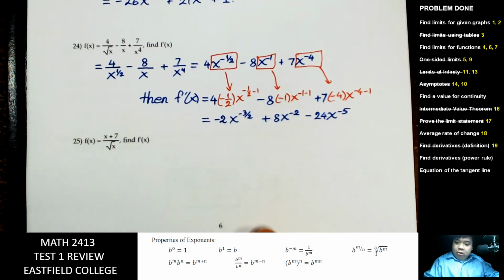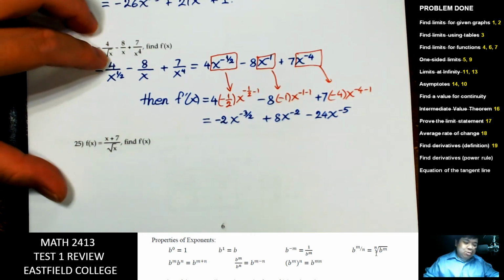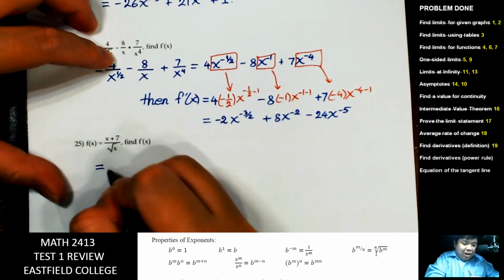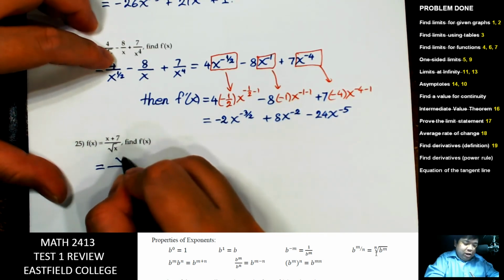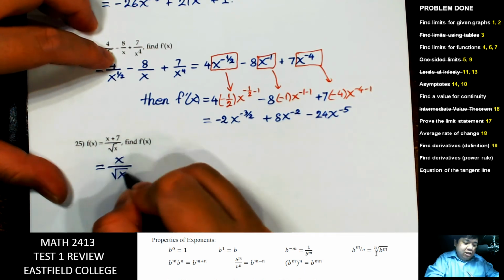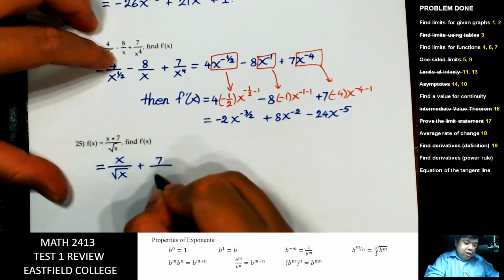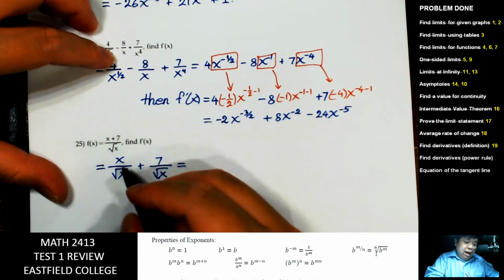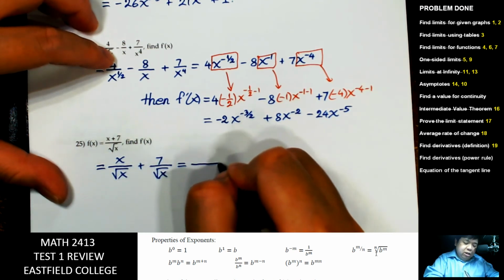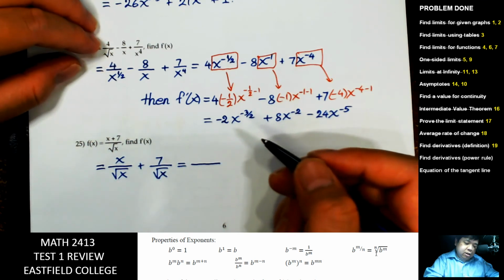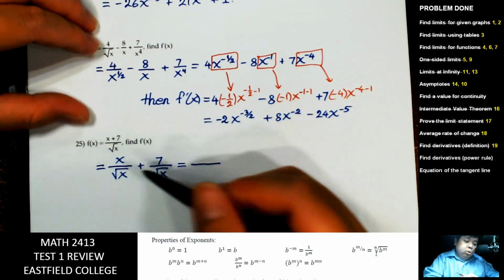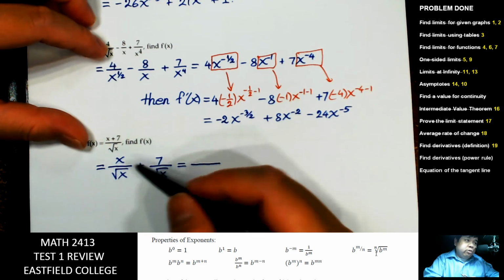Right, on number 25 I will not finish, but this is what we need. We split the top, and now we rewrite the function x over square root of x.